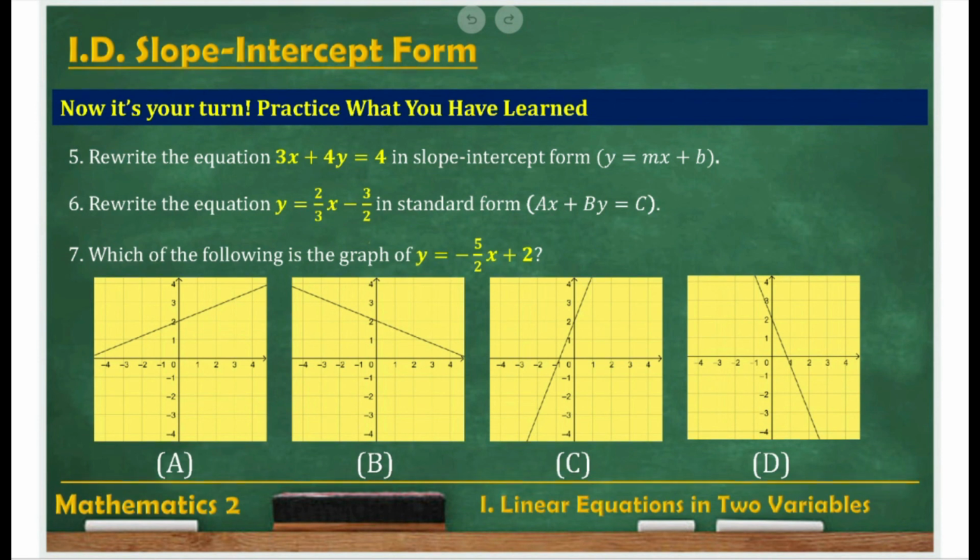Number 6, rewrite the equation y equals 2/3 x minus 3/2 in standard form ax plus by equals c. And number 7, which of the following is the graph of y equals negative 5/2 x plus 2? A, B, C, or D?